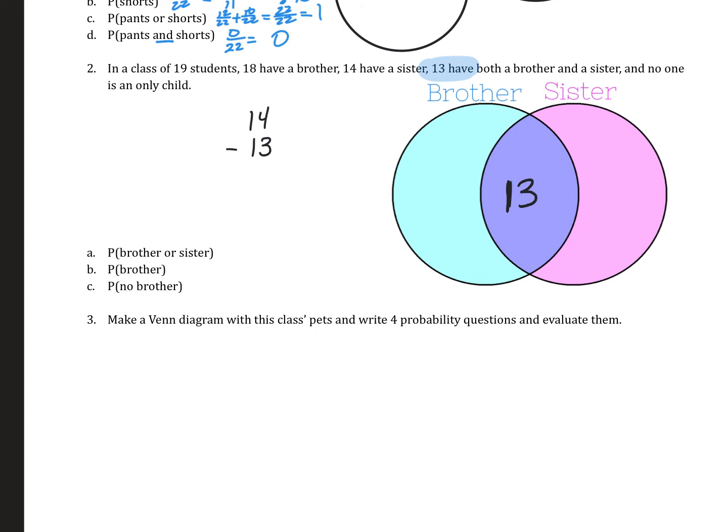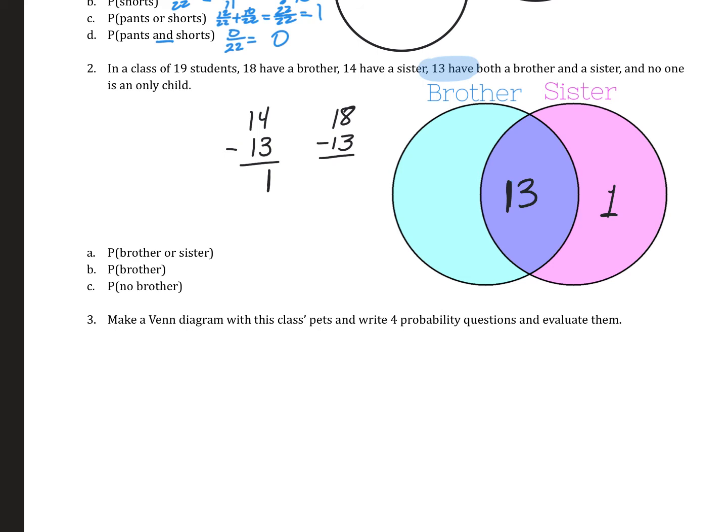And then I will take that amount from the brothers as well to see what falls on the outside of the brothers. When I'm done with this, what I should see is this adding up to 19 when I add all three sections. So if I have 14 sisters and 13 of those are both brother and sister, that means there's only one person that falls into this pink region here.